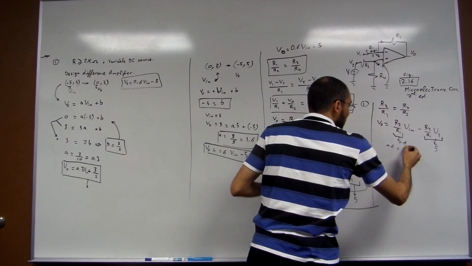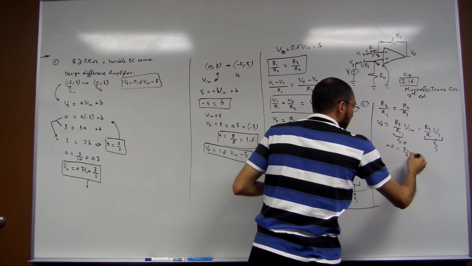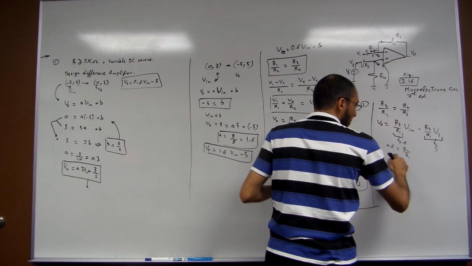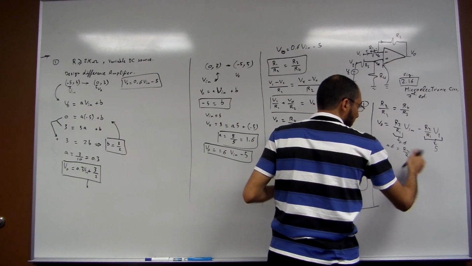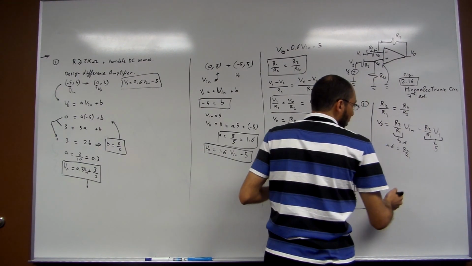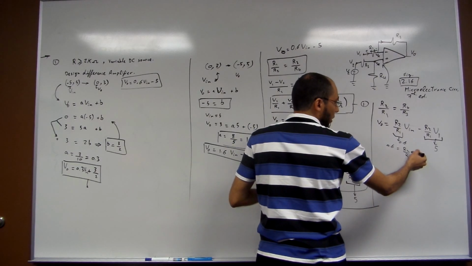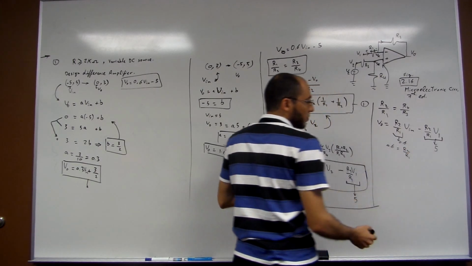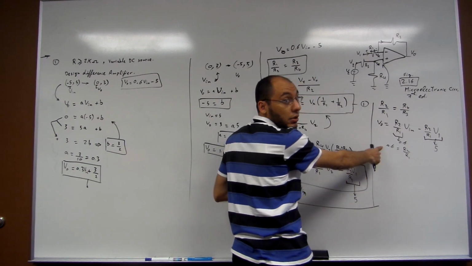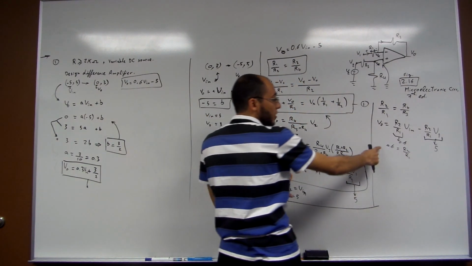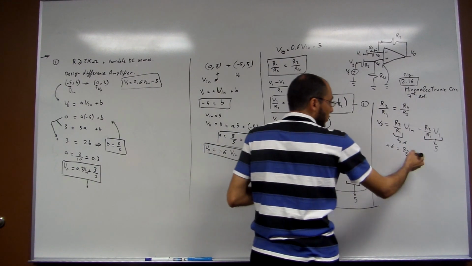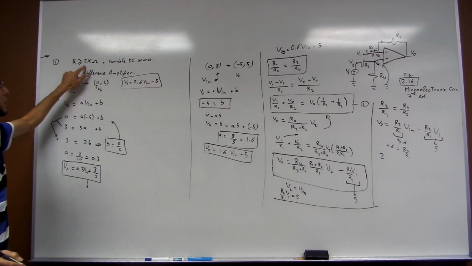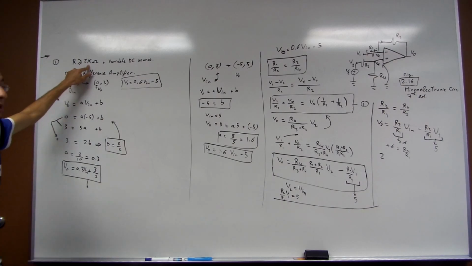0.6 equals R2 over R1. So which one is smaller, R2 or R1? Actually R2 is smaller, because since 0.6 is less than 1, R2 is smaller. And you want the smaller value to be 2 kilo ohms.